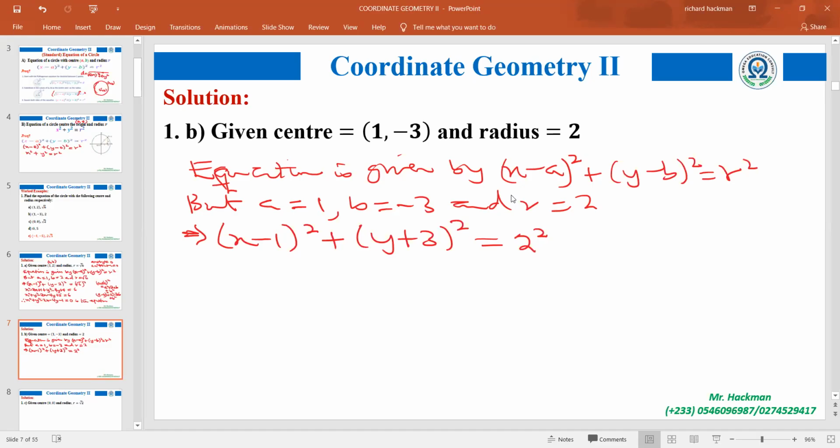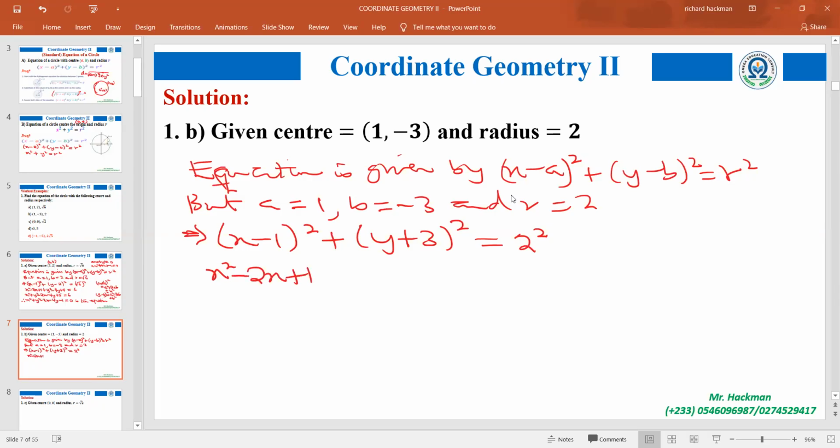Okay, so now you know expansion, simplification. This means I'm going to get x squared. Help me expand this: x squared minus 2x plus 1.